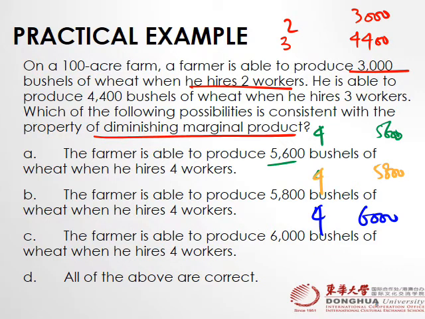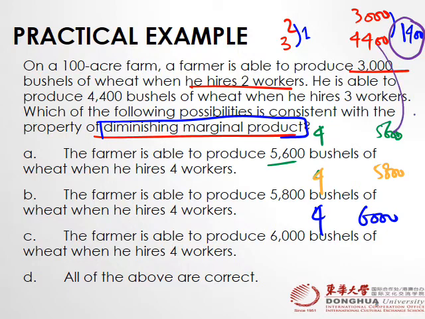Which one is correct? You see here the difference is 1,400, right? The difference is 1 unit. So one extra person when employed adds 1,400 to the production. If this question follows diminishing marginal product, then the fourth person will be producing less than 1,400. The tagline is less than 1,400.